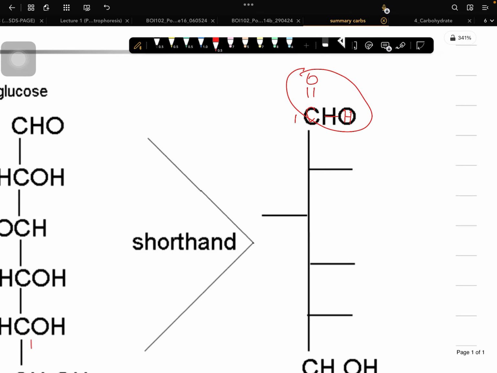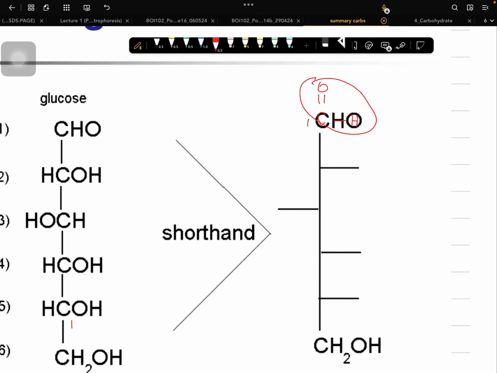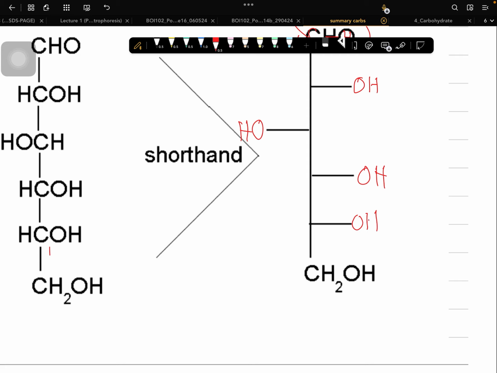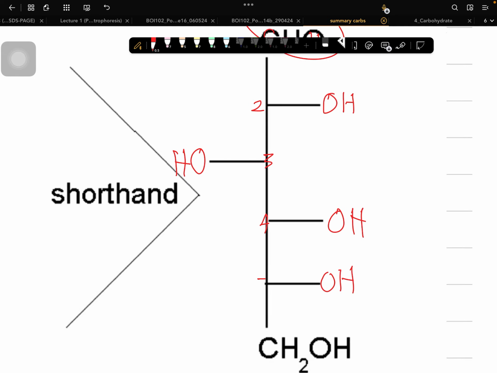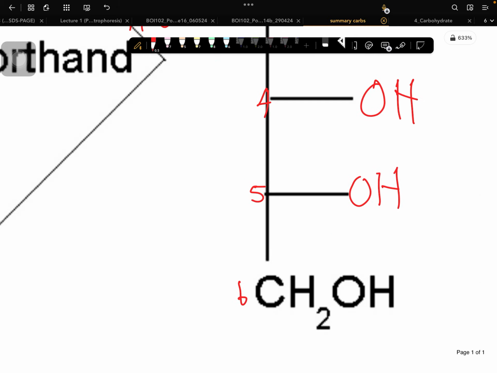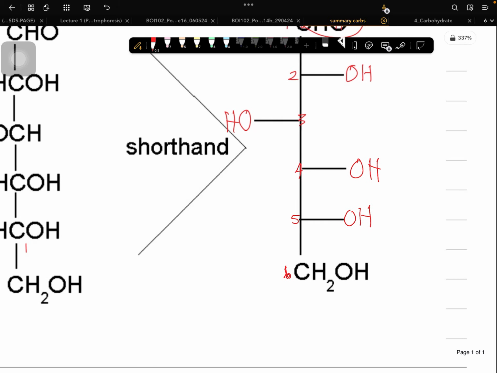Then we put a hydroxyl group here on the right, and then on the left OH, OH, OH. This is H actually, but we didn't put it. If you want to put it, you can. So second carbon here, third carbon, fourth, fifth, and the sixth, the last carbon.